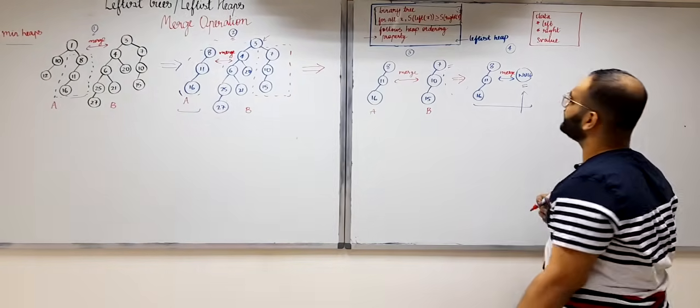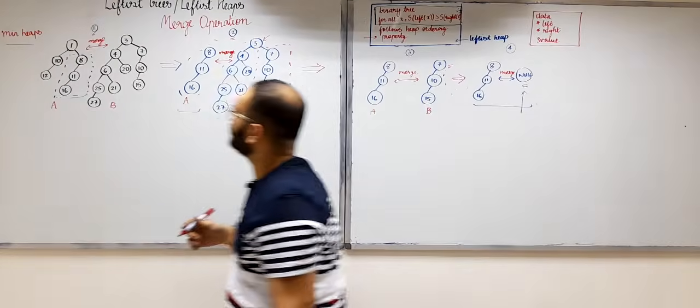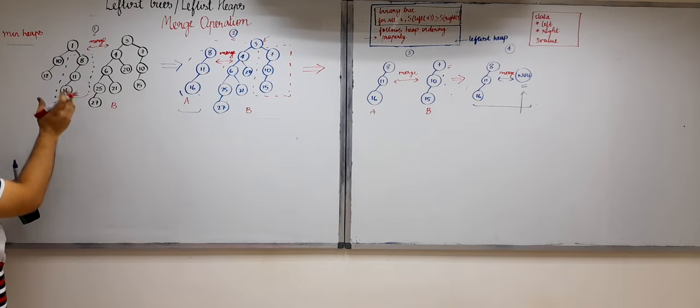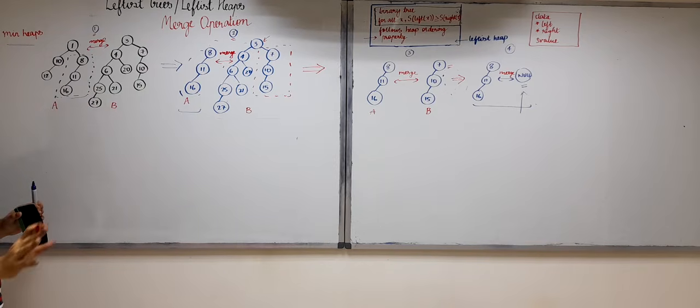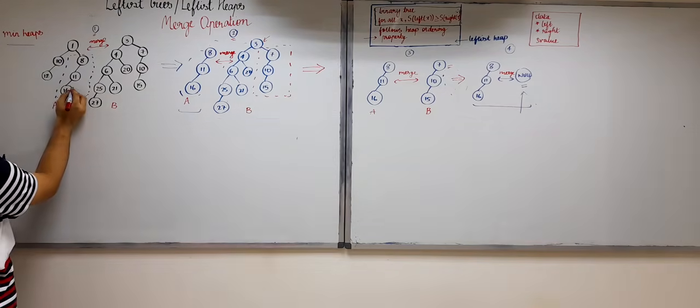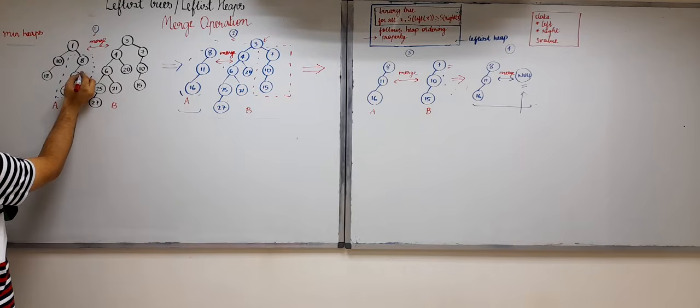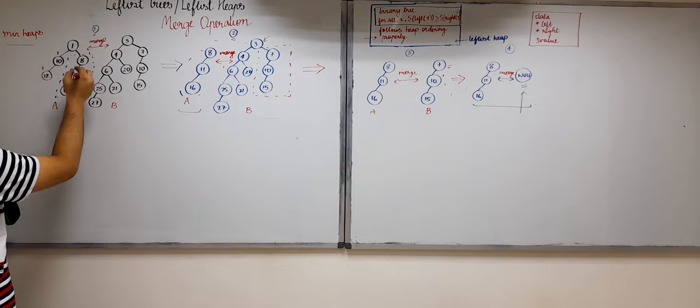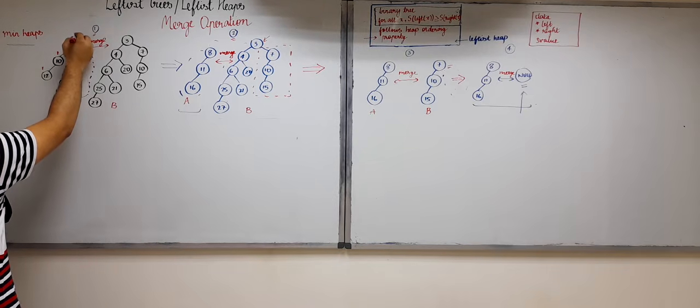So how do we calculate the S value? Let me show you by calculating it. Every node will have an S value associated with it. The S value of this is 1, of this is 1, of this is 1, 1, 1, and the S value of this is 2.